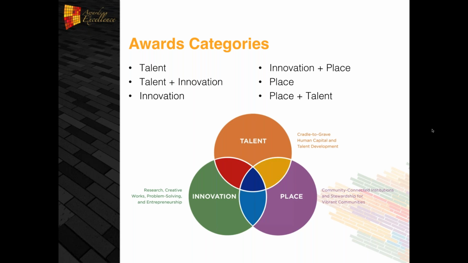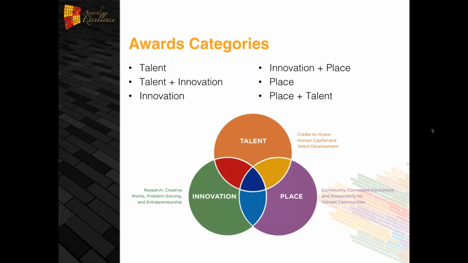So, even in the application process, whenever you're considering the various awards categories and where to place your award or your initiative, we ask for one category and then another category. We ask for a primary and a secondary category.